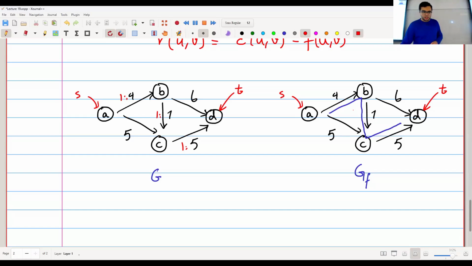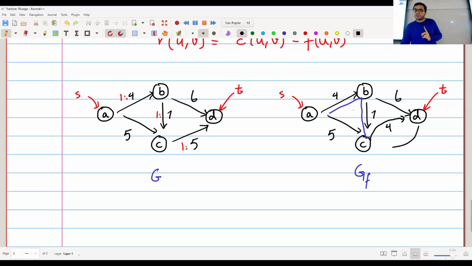Okay. So this is what happens. First of all, I will change this edge. I used to have a capacity of 5 from C to D, but now I have used 1 unit of that capacity, right? So the remaining capacity from C to D is only 4.